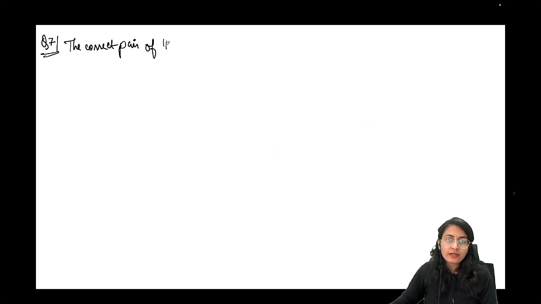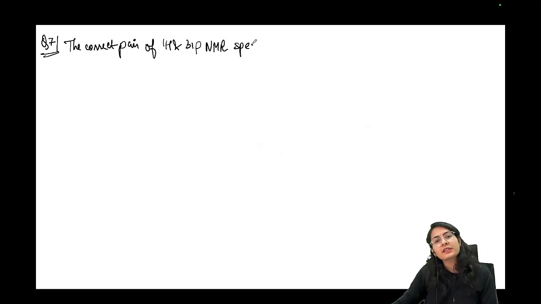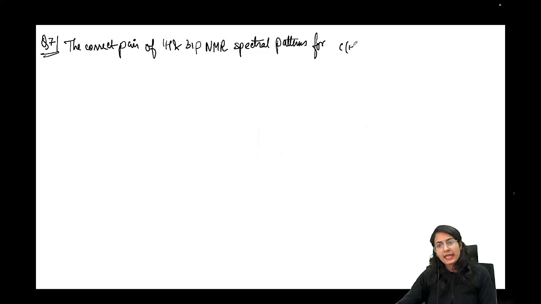The correct pair of proton and 31P NMR spectral patterns for CHF PCl2 whole 2 is, how is it going to be?